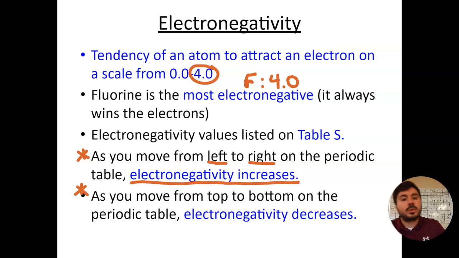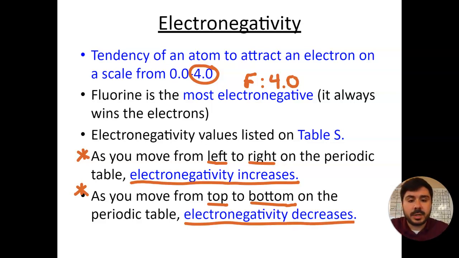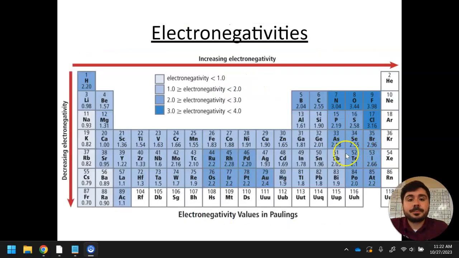And as you move from the top to the bottom, down one of our vertical groups, electronegativity is going to decrease this time around. So again, a little bit different.